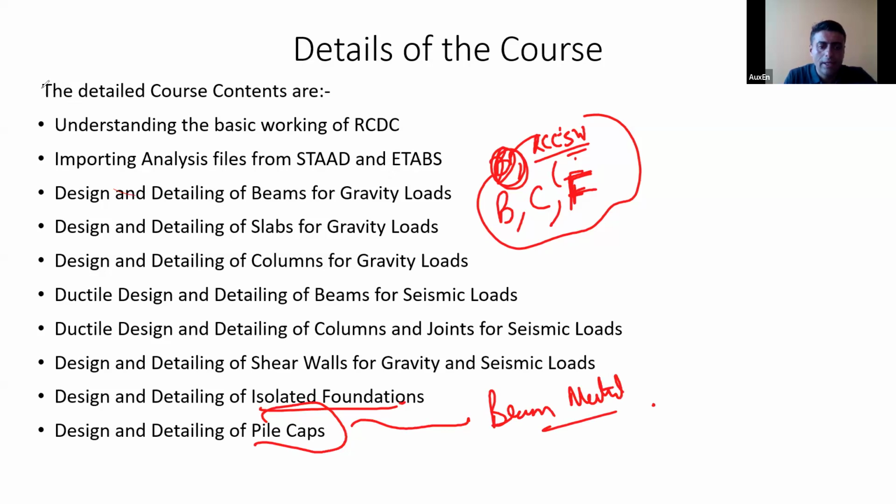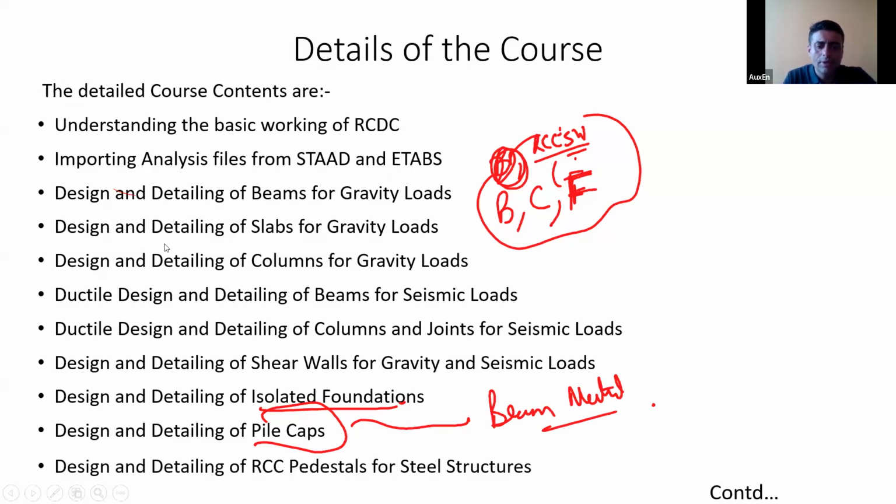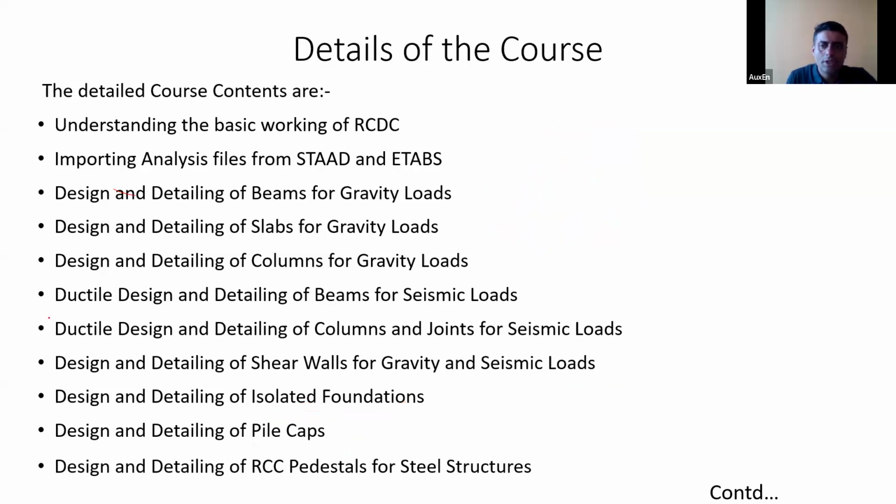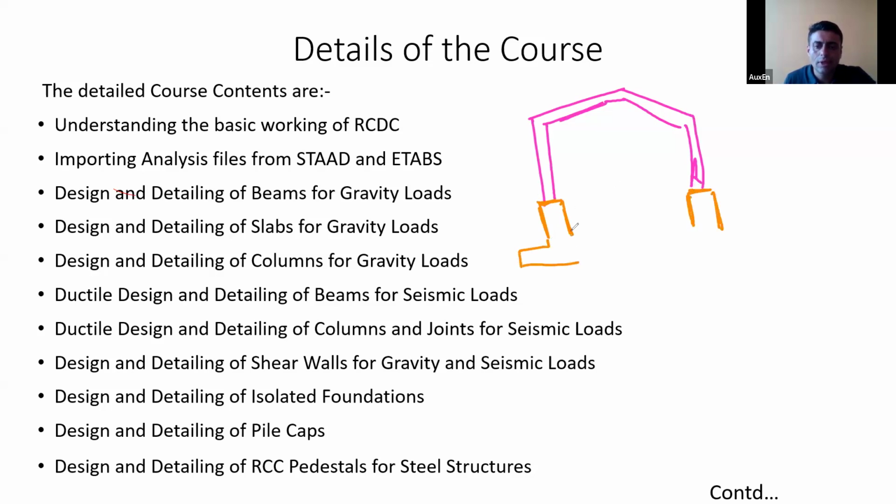And then, as we had discussed during the introductory session, in many cases when you have steel structures, for example, you have a shed. Suppose you have a shed like this, maybe made out of plate sections. In many such cases, the structure is steel, but the substructure consists of an RCC pedestal and then your footing.